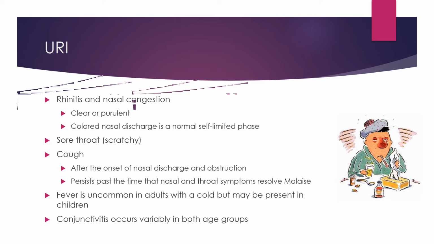And the patient's usually going to present with the most common symptoms of rhinitis and respiratory signs and symptoms with this upper respiratory infection or common cold. Patients will have sore throat, cough, malaise. Fever is not common in adults but may be present in children. Both adults and children will present with conjunctivitis.